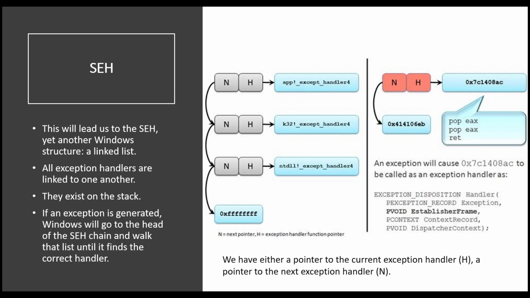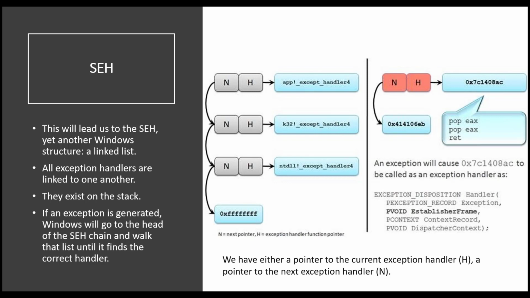And it goes through them one by one. If it matches, then it goes to that. If not, it goes to the next one, and so on and so forth. So it simply walks the SEH chain until it can find the correct pointer. And there are different techniques that can overcome this.